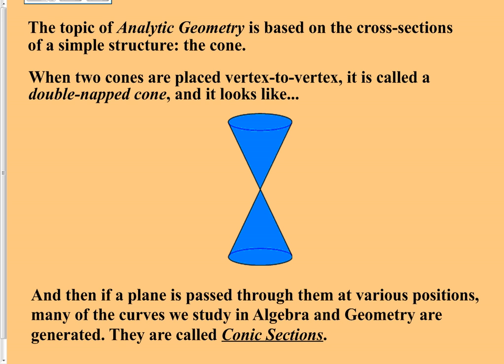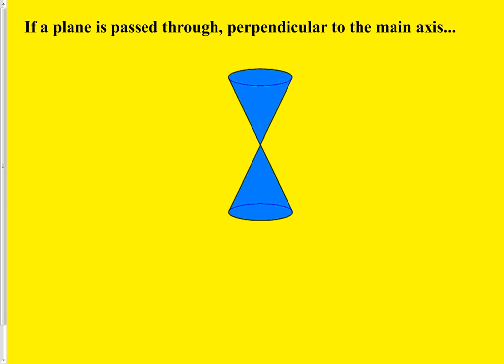Okay, so let's take a look at the four basic conic sections that are of interest in Algebra 2. Our first one, its main property is going to be that a plane is passed through our double napped cone perpendicular to the main axis. A visual graphic of what was just said would be that.